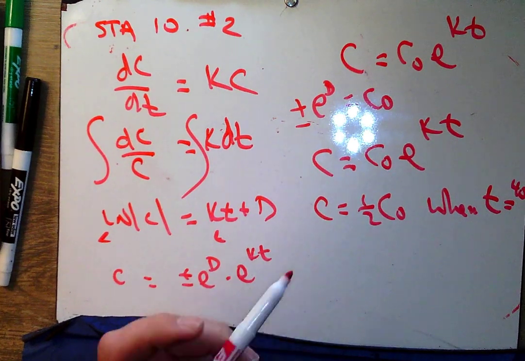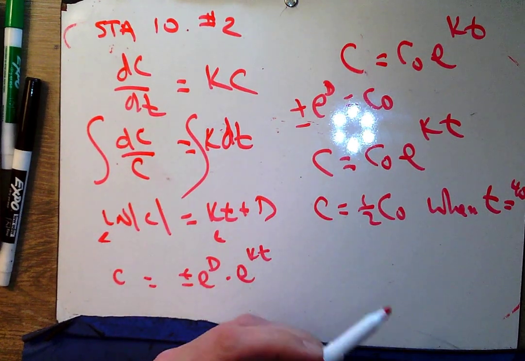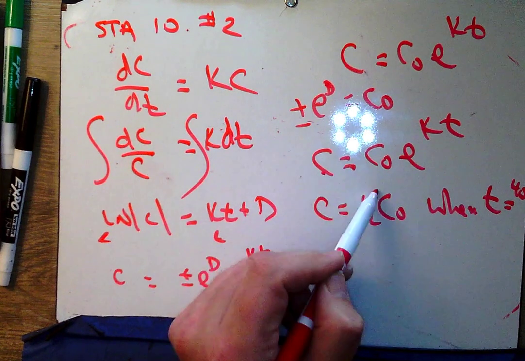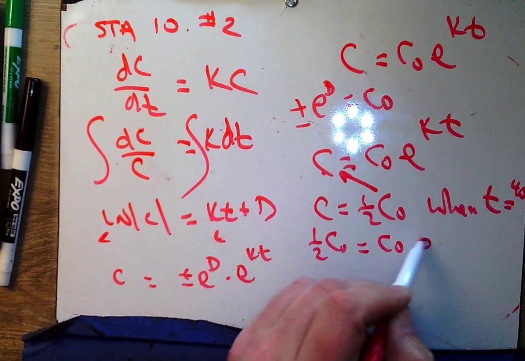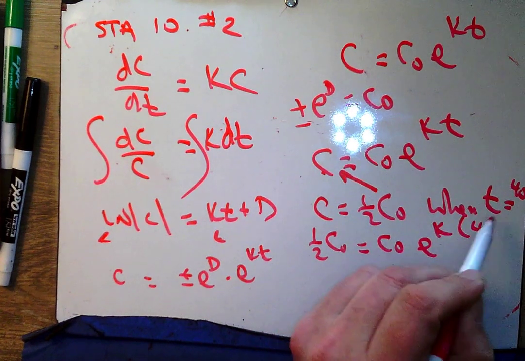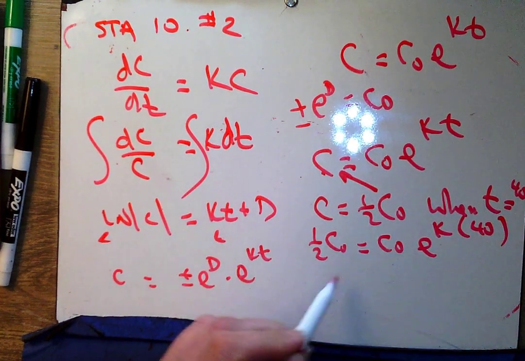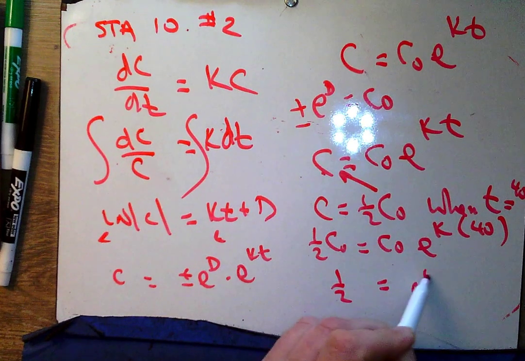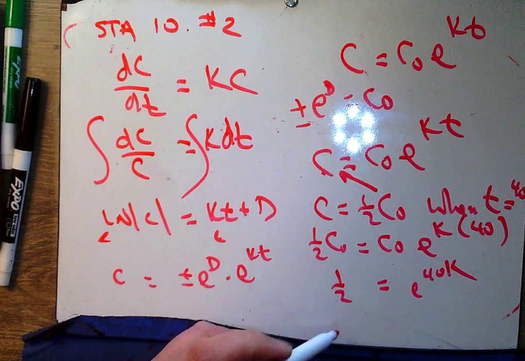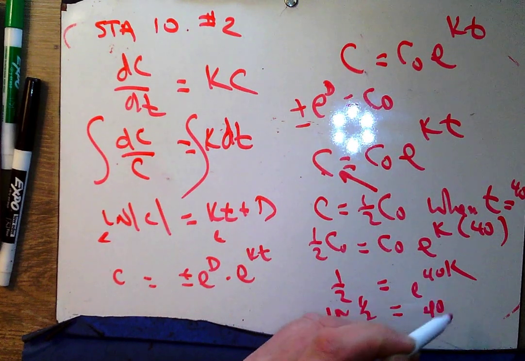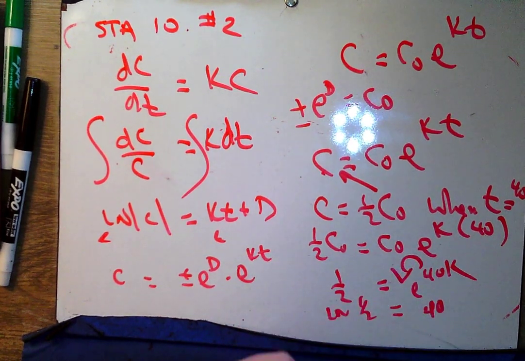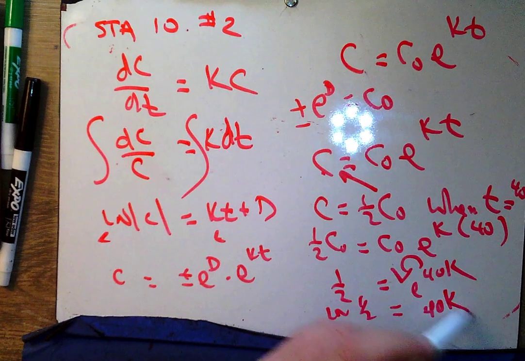Okay, so I'm going to replace this with that. 1/2 C sub o equals C sub o e to the k times 40. Divide by c sub o. Take the ln of both sides. Yes, you do need to bring that down. And so we get our 40k.